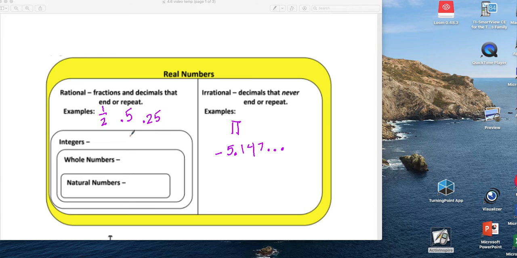Integers have a 0. 0 isn't positive or negative, but integers also have all of the negatives on this side, and of course, these continue, so let's put some dots here.